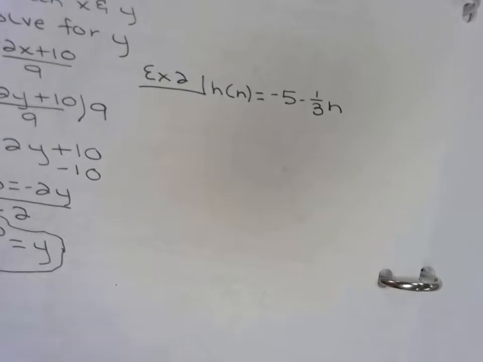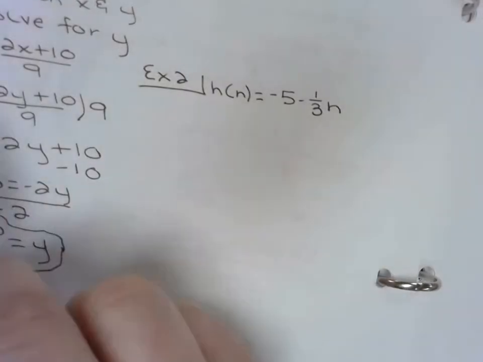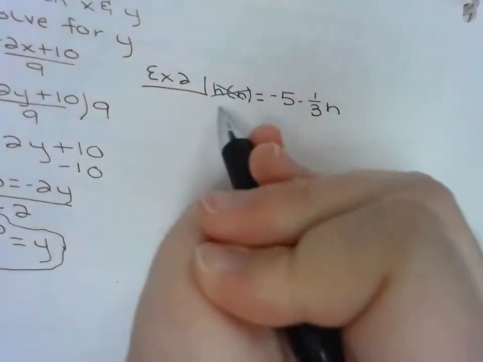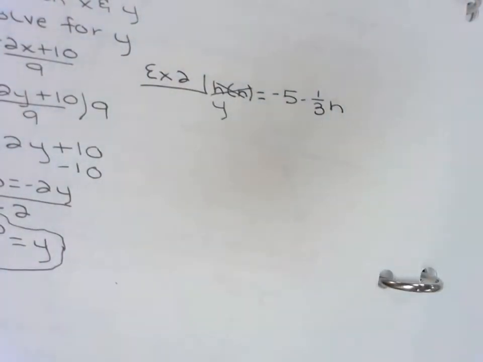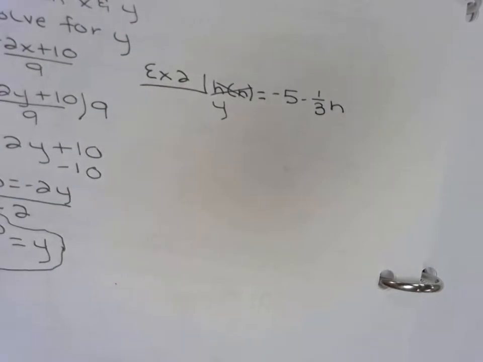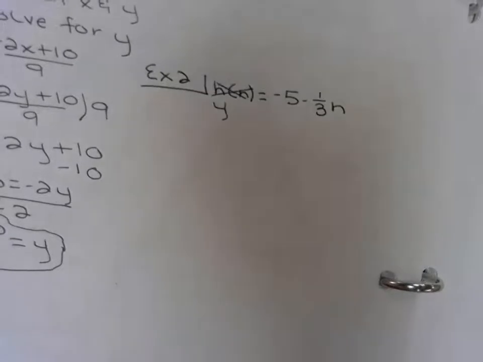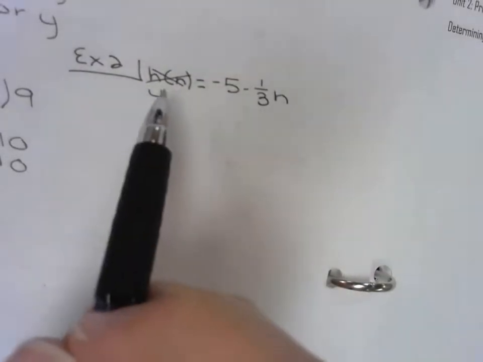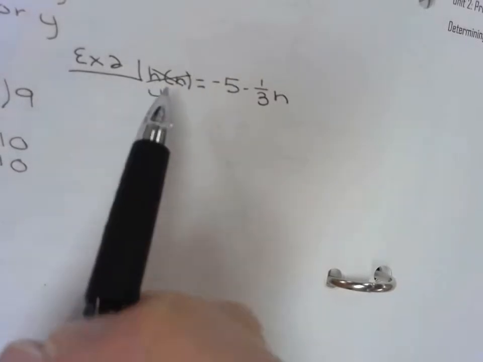Okay, so h of n is the same as f of x. Anytime you have this whole left side, it's just the same as y. So you can just cross it out and put y. Whether it's f of x or h of n or t of n or whatever, it doesn't matter. You can have any variables. The whole thing is y.